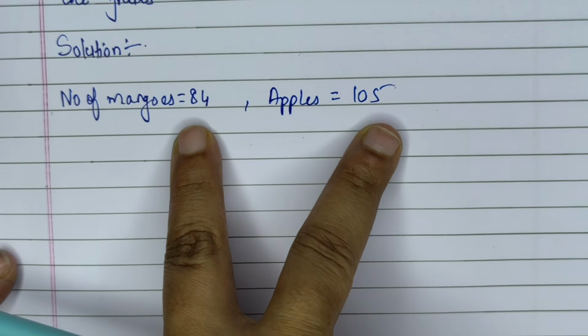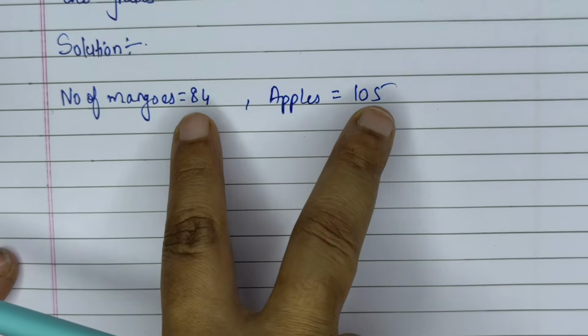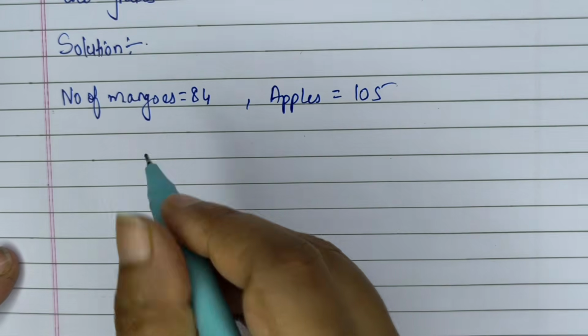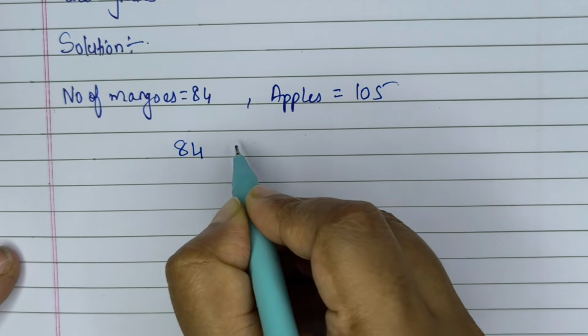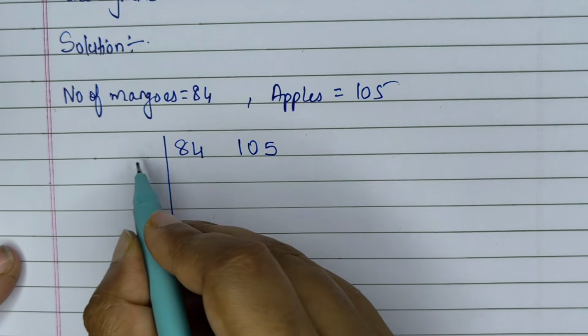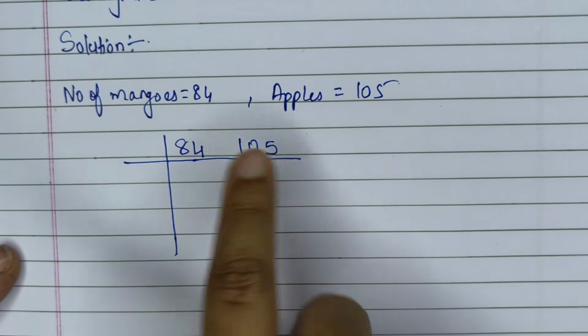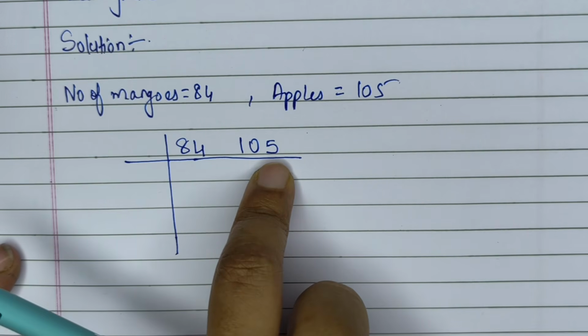So we will first find out the GCD of these two numbers, 84 and 105. Now see, the last number here is 4. This is divisible by 2, but both should be divisible by 2. The last number here is 5.